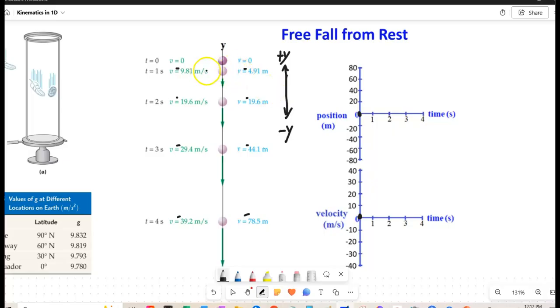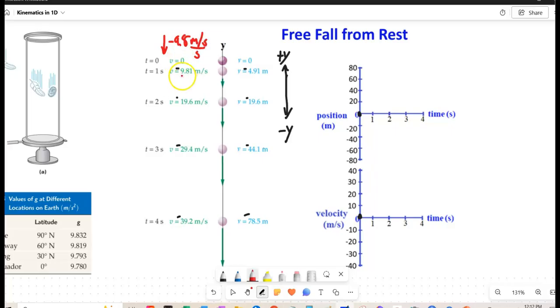Okay? So when you drop something and your initial position is 0, it is going to be falling below you at a high rate of speed. Okay? And it'll start picking up speed. So your initial velocity is 0. Well, gravity is going to be adding that negative 9.8 meters per second velocity for every second.